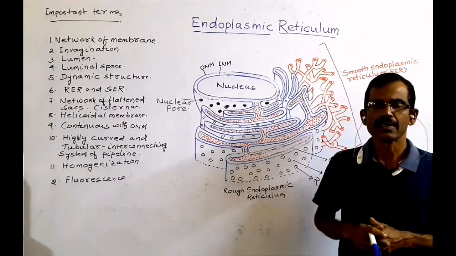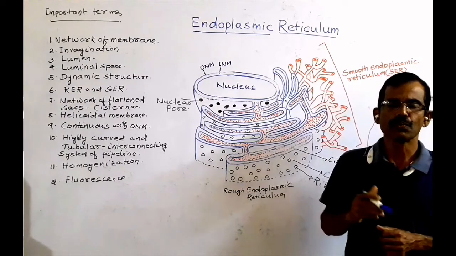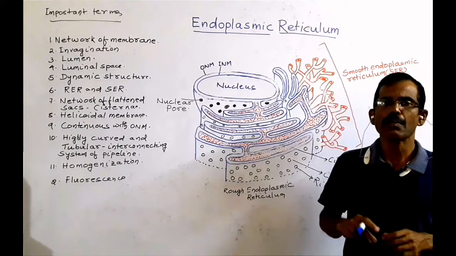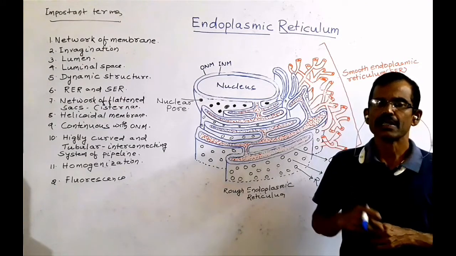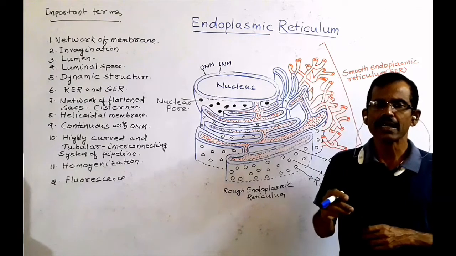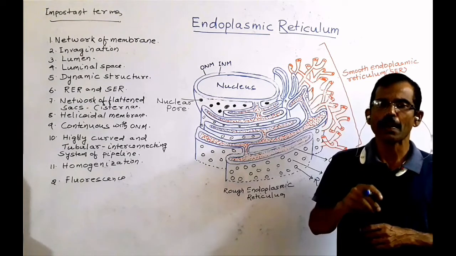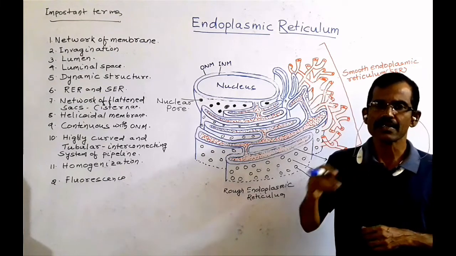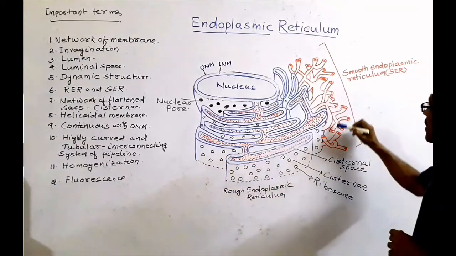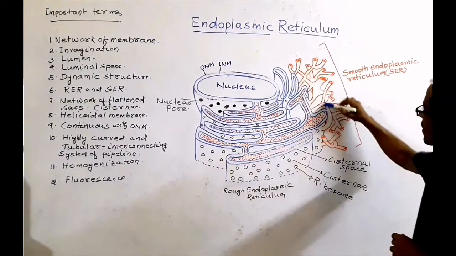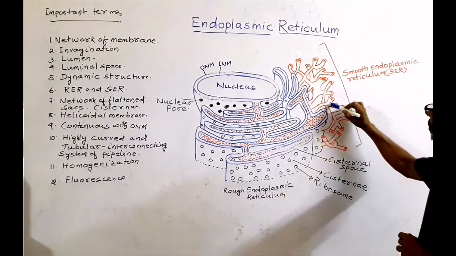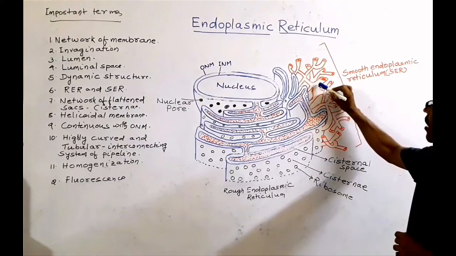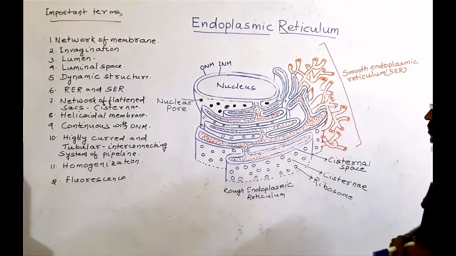In contrast, the membranes of smooth endoplasmic reticulum are highly curved and tubular. It forms an interconnecting network of pipelines that traverse the cytoplasm. This region is the smooth endoplasmic reticulum, and these are the membranes which are curved and tubular.